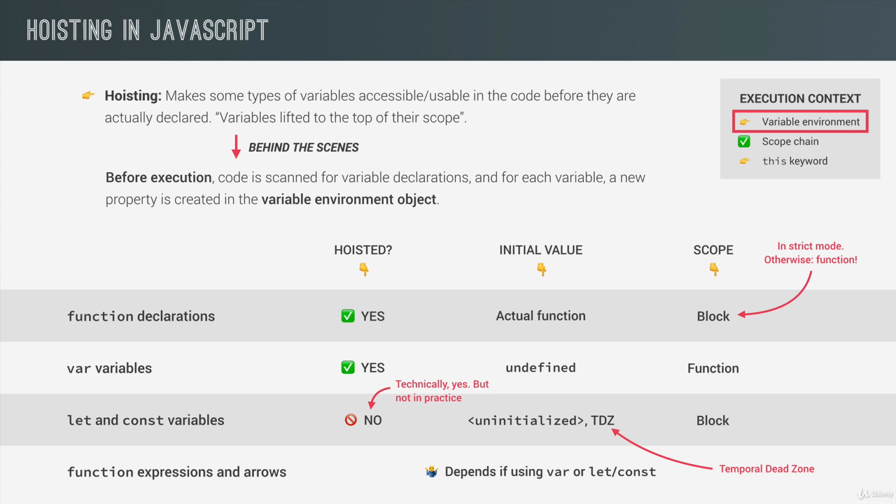This means that a function expression or arrow function created with var is hoisted to undefined, but if created with let or const, it's not usable before it's declared in the code because of the temporal dead zone. So again, just like normal variables, right? And this is actually the reason why I told you earlier that we cannot use function expressions before we write them in the code, unlike function declarations.